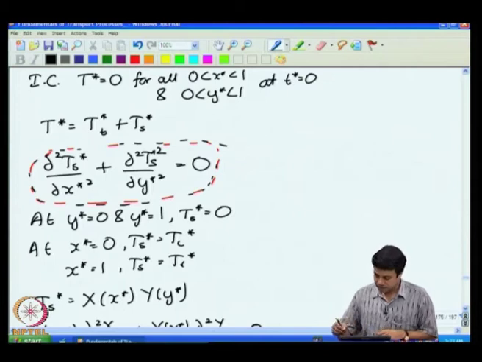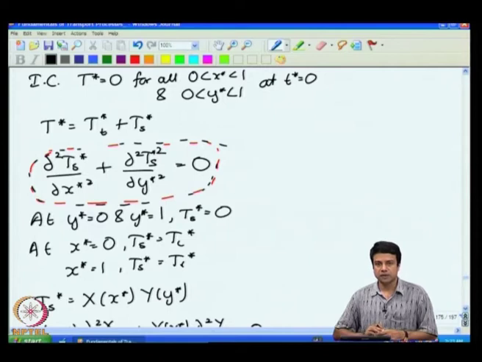We had identified the homogeneous direction, that was the y direction, because there were homogeneous boundary conditions in that direction, and the x direction was the inhomogeneous direction, where the boundary conditions were not homogeneous. So, in the homogeneous direction, in the y direction, we had got the solution in the form of basis functions sin n pi y star with eigenvalues beta n is equal to n times pi.